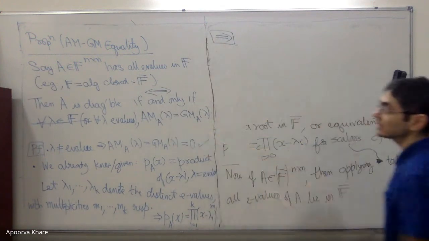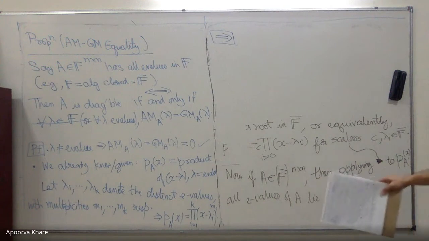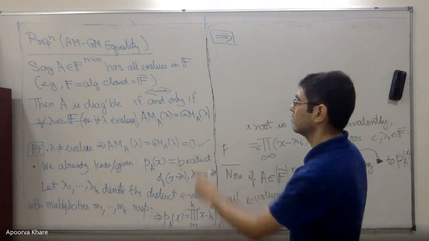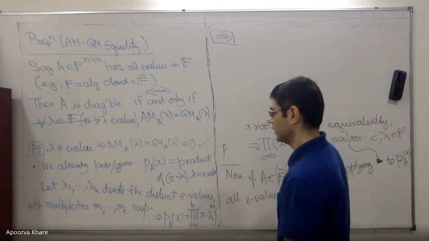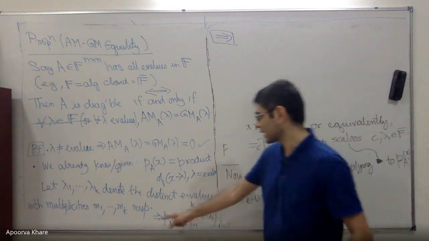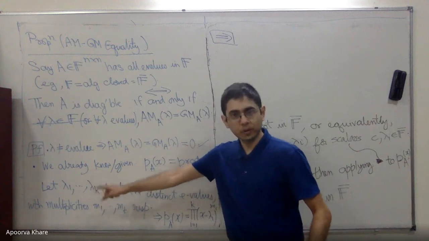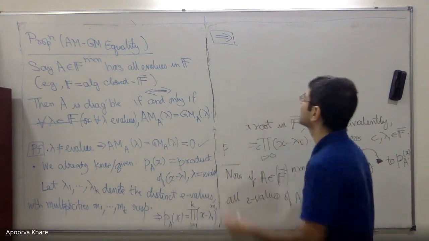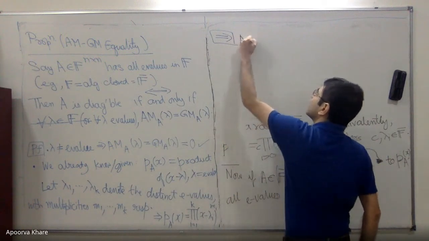Okay, so since A is diagonalizable, there is a basis of eigenvectors. So these are the eigenvalues, and for these eigenvalues, there's a basis of eigenvectors from the previous result.